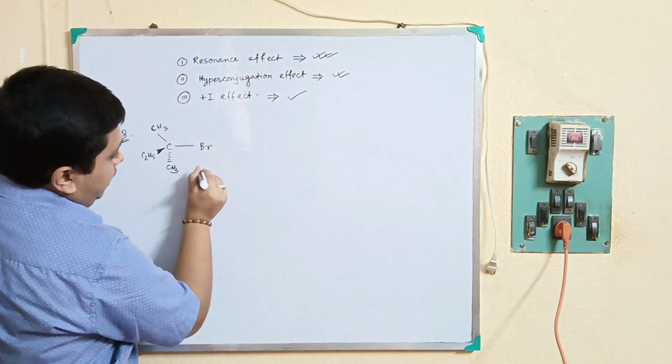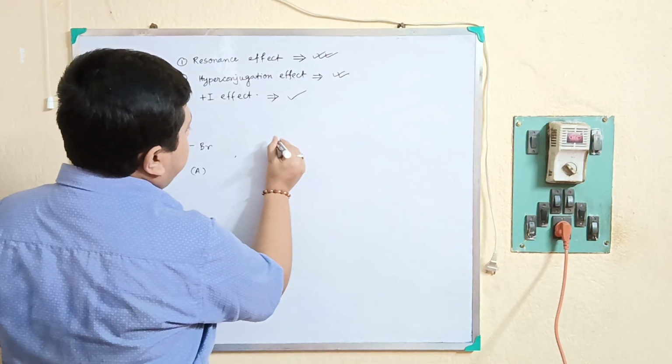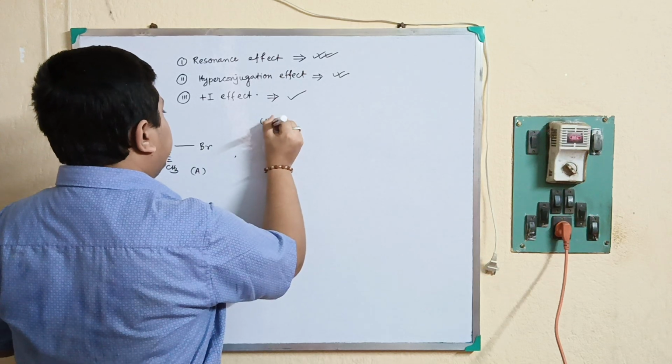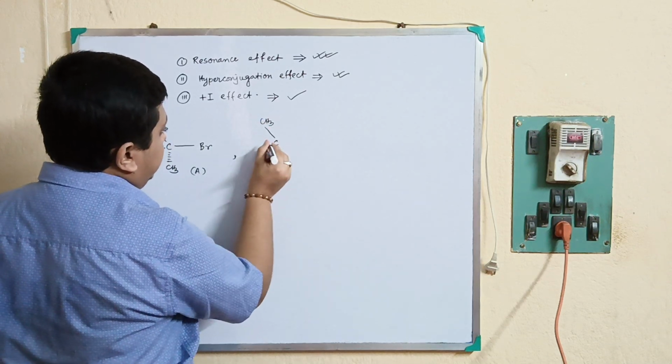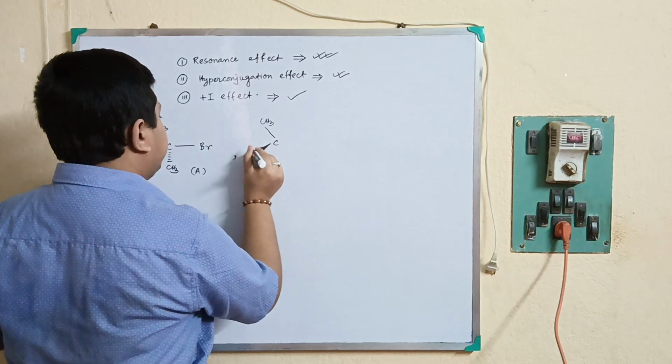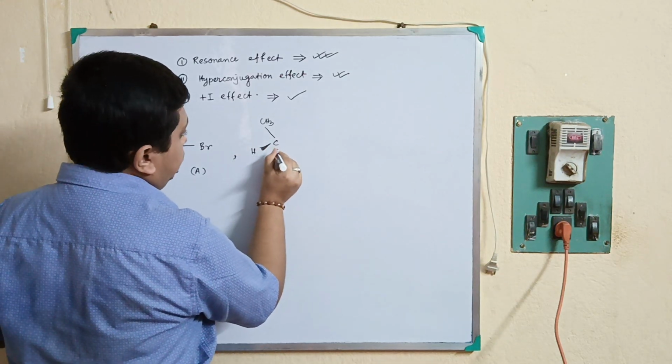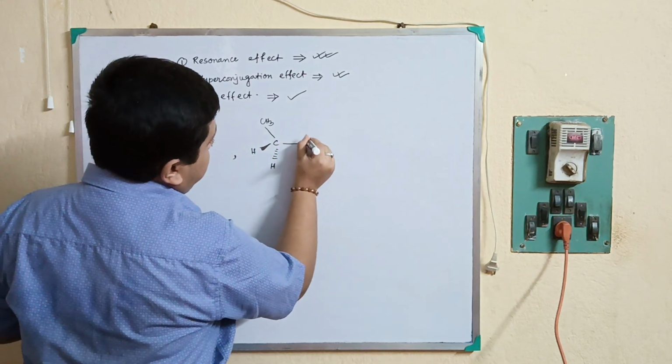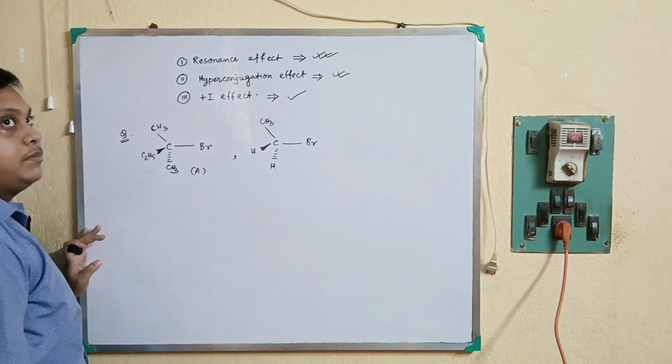This is substrate A, and we have another substrate where carbon is surrounded by one CH3 and two hydrogens, and the leaving group is the same, that is Br.